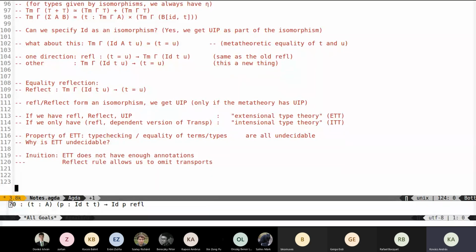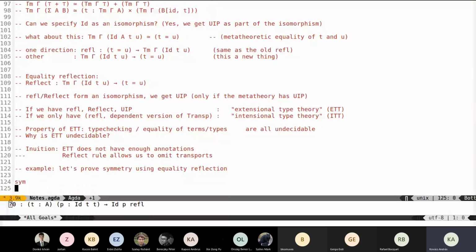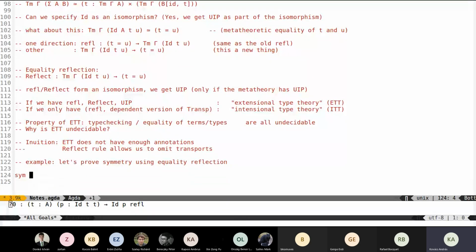Maybe we can also look at some example for this. So, for example, let's prove symmetry using equality reflection. Let's also just use the Agda notation. So if I have an A set, and if I have x, y in A, and if I have a p in ID of x y, then I want to prove ID of y x.